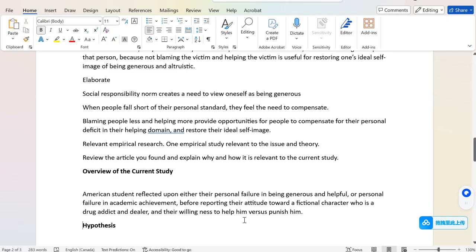Their willingness to help him. Actually, this might not be accurate. It's not their personal help. It's society. Society should help or punish him. The support for society to help him versus punish him.